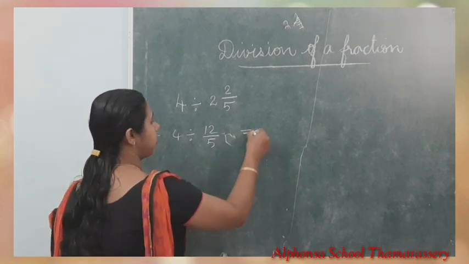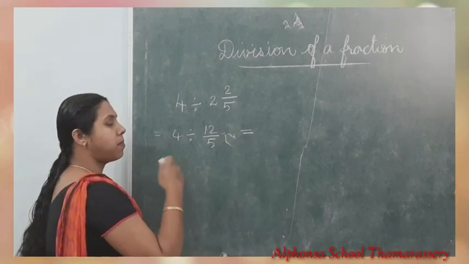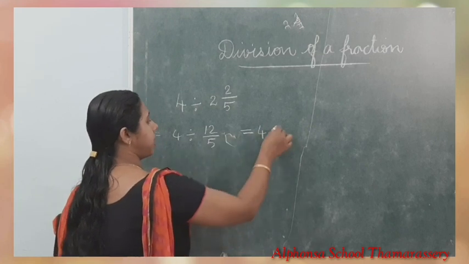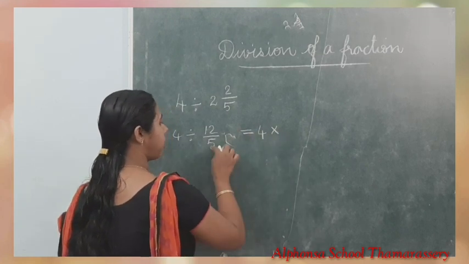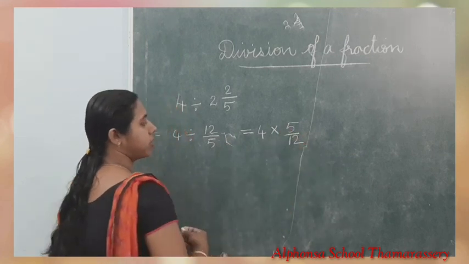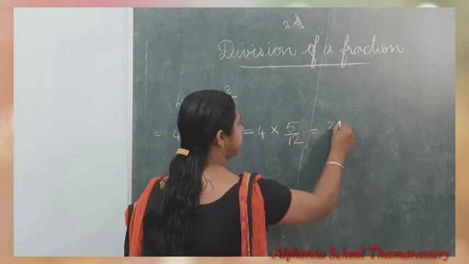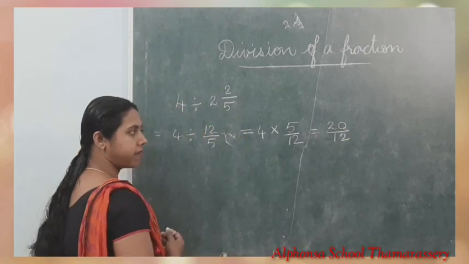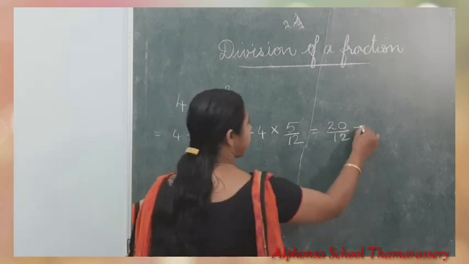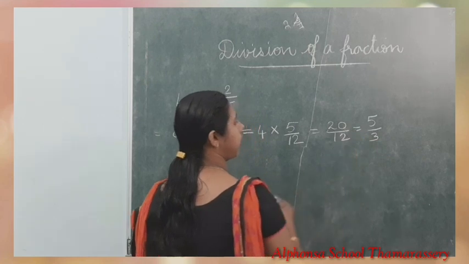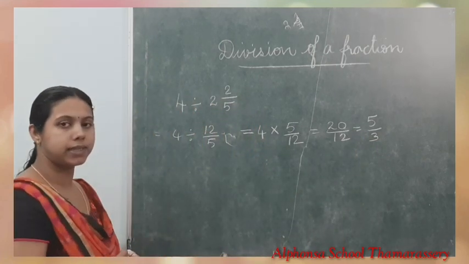Then take the reciprocal and multiply. So 4 into the reciprocal of 12 by 5, which is 5 by 12. So 4 5s are 20 by 12. In 20 by 12, there is a common factor 4. 4 5s are 20, 4 3s are 12. So the lowest form is 5 by 3.